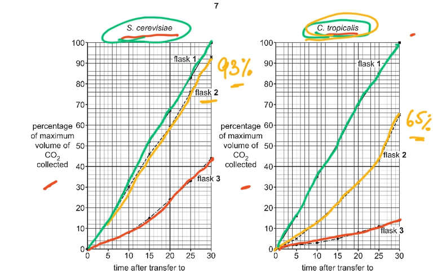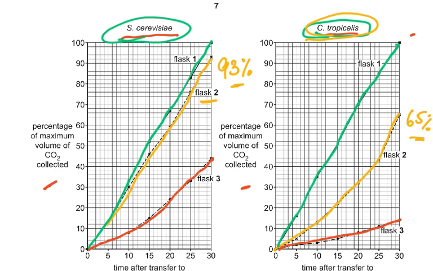The third mark would be that when you transfer the yeast from conditions with oxygen to conditions with no oxygen, they have to use fermentation. So it becomes anaerobic, but C. tropicalis does so at a much slower rate, so less carbon dioxide is produced.